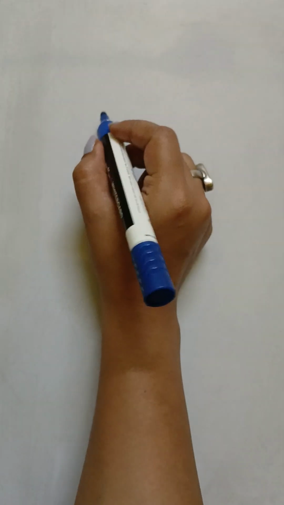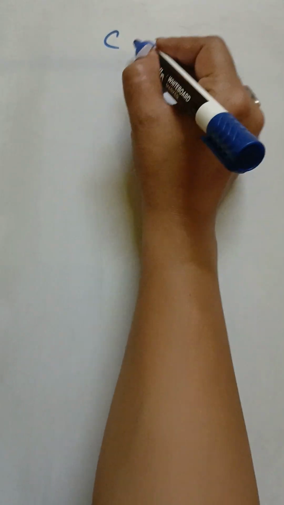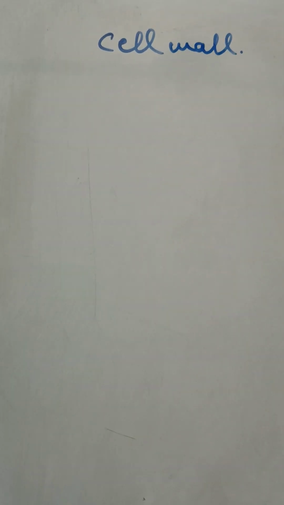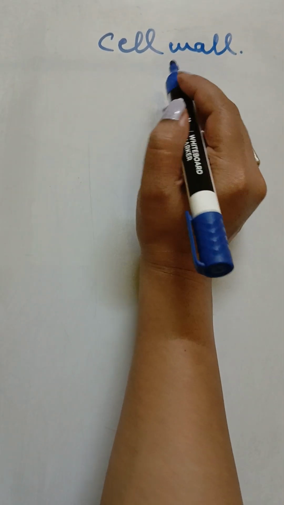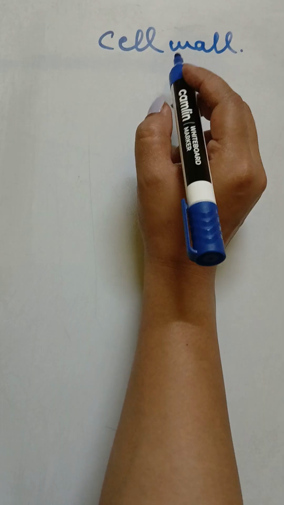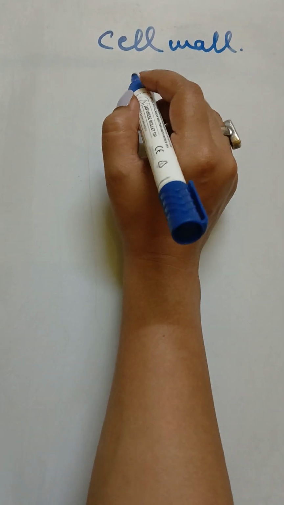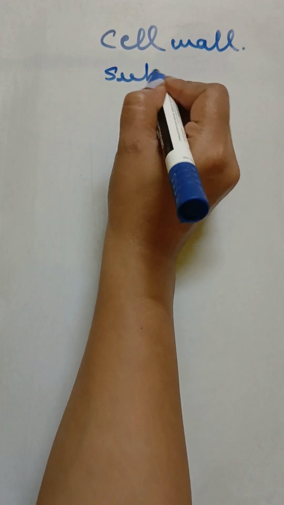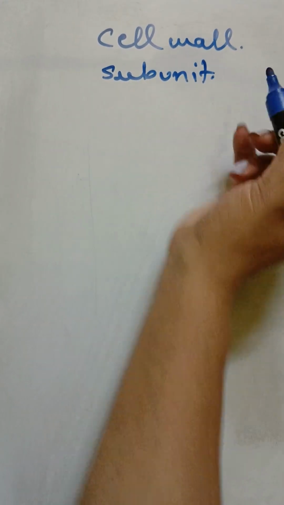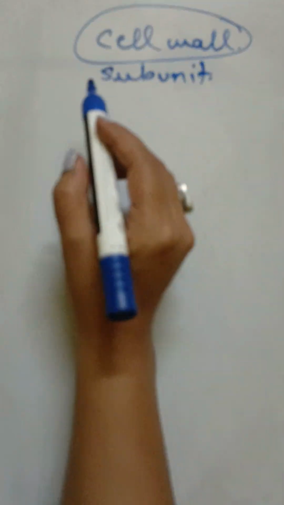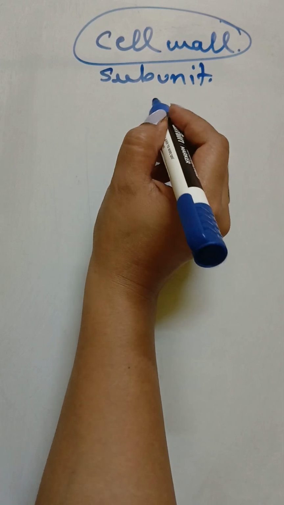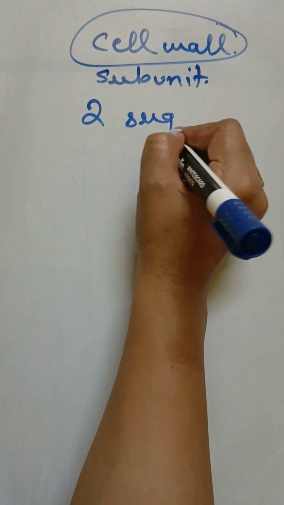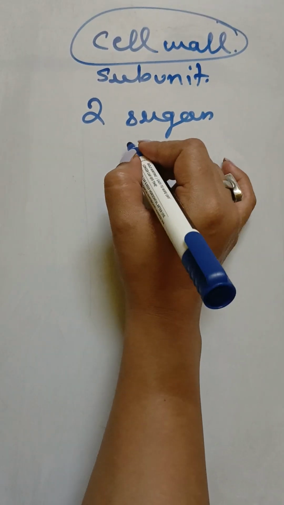Now, this cell wall is basically made up of sugar moieties and also the amino acid moieties. There are several identical subunits which are present in the cell wall, and each of the subunits is made up of two sugar moieties or sugar derivatives.